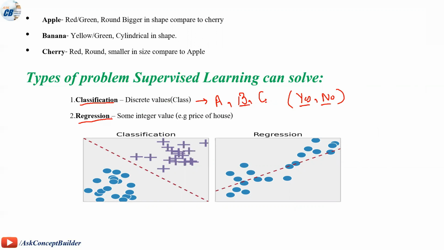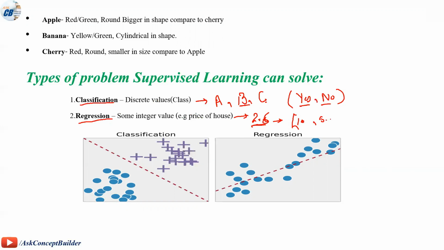Then comes regression. In regression, our output value is some numerical value, and we don't know what this value can be. It can be any value, but it is in the form of a number. For example, the price of a house. If you have to predict the price of a house, the features you can have are the location of the house, the size of the house, and how many bedrooms or bathrooms it has.